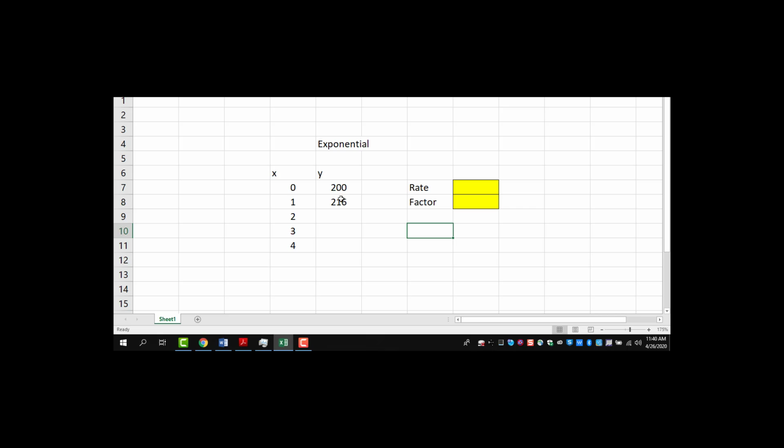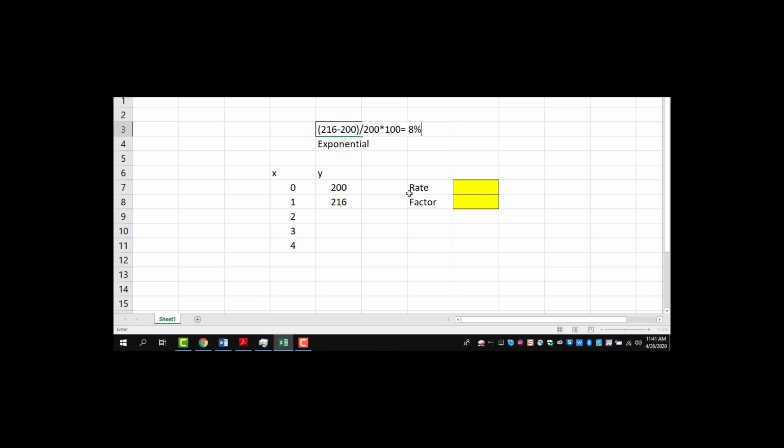So to find the rate increase, the percentage increase, what percentage did 200 increase by to get to 216? So we do that like the way we did it in chapter 4. 216 minus 200 divided by the original 200. And then as a percentage, multiply it by 100. And I think you see that you get 8%.